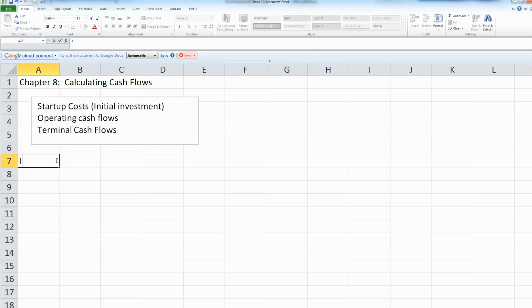So what I'm going to do is start essentially calculating an income statement, more or less. And I'm going to separate my cash flows by the time that they occur. So this project is expected to last for 3 years, and then at the end of the third year, I plan to sell it.